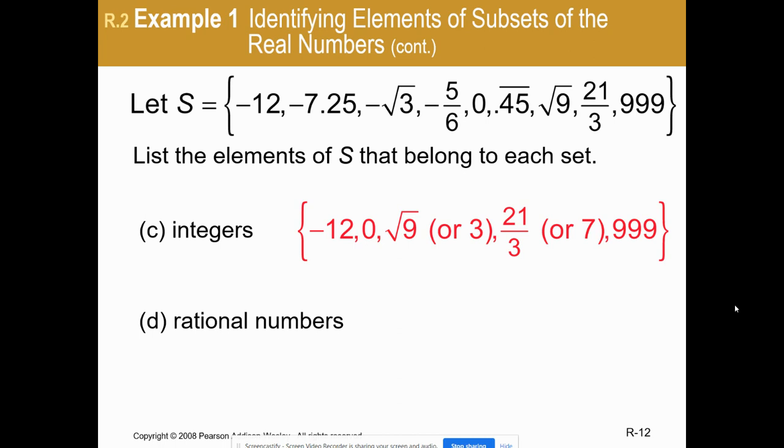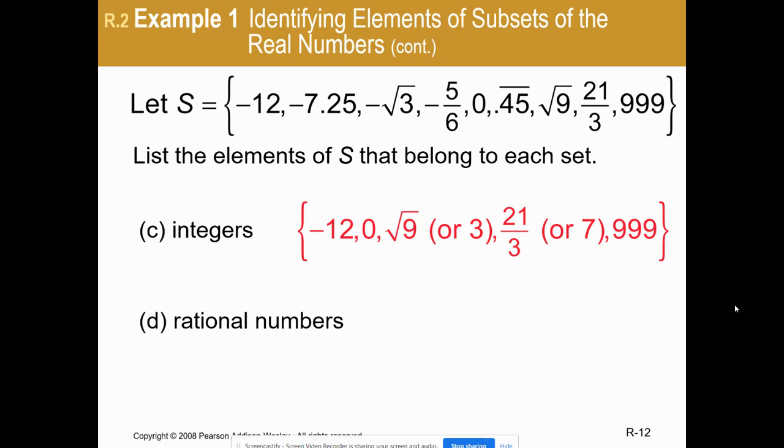A rational number can be thought of in two ways. One way is anything that I can make look like a fraction. Most of those numbers can easily be made to look like fractions by putting a 1 under them. The fraction has to be made of whole numbers, top and bottom, though it can be negative.